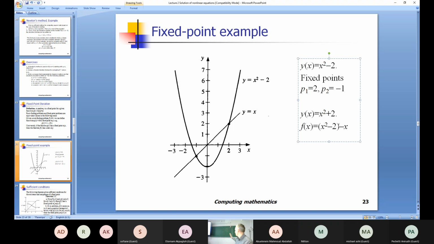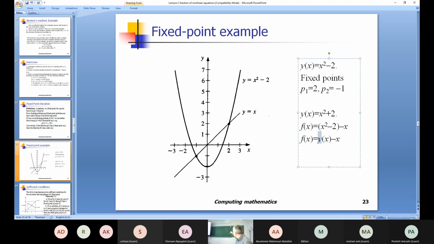You can simply check. Even I can type it for all the students that this function is written in the form y of x minus x.